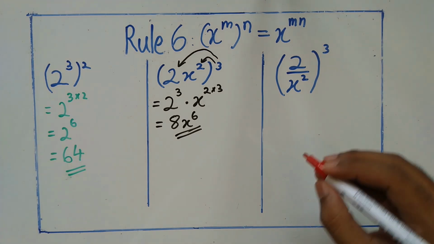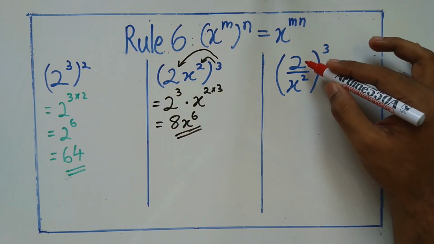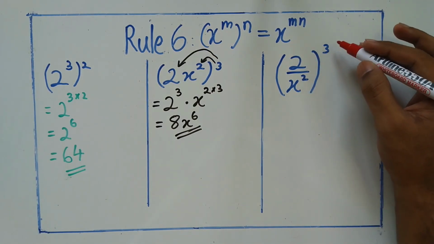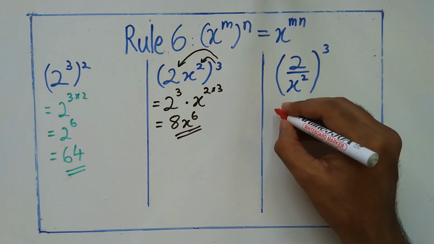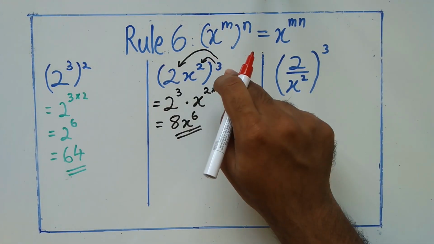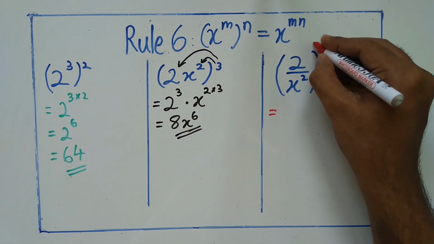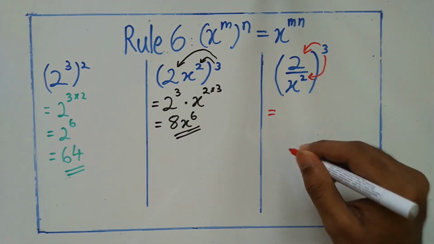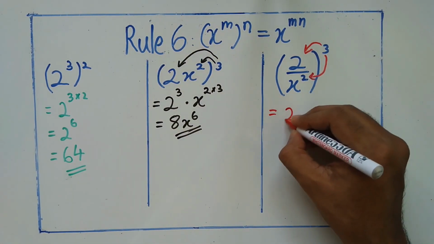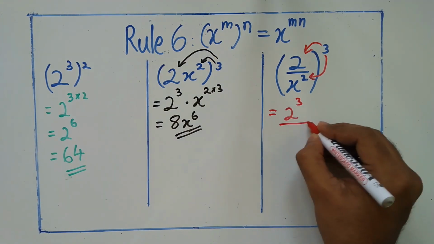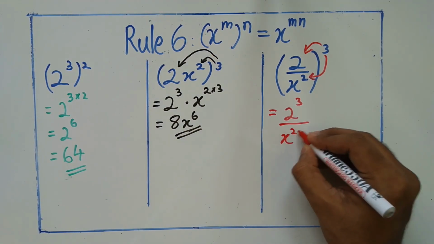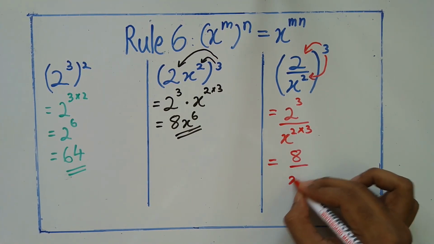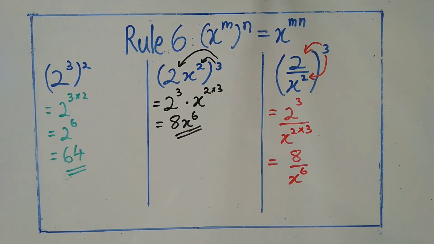In the third example, we have 2 over x squared in brackets in the power of 3. Here we do the same principle as in the previous example. We put the power 3 into each term, which gives us 2 to the power of 3 divided by x to the power of 2 times 3, which gives us 8 divided by x to the power of 6.